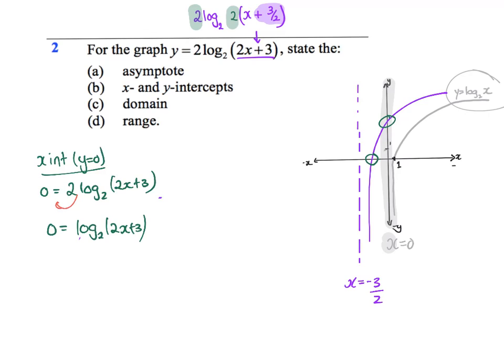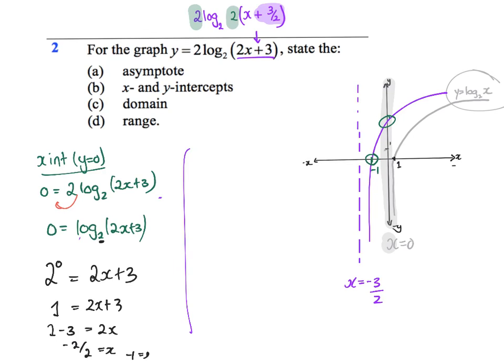When you say the base, 2 to the power of what it equals, 2x plus 3. Awesome. What's 2 to the power of 0? 1. 1 equals 2x plus 3. So bring the 3 over, it'd be 1 minus 3 equals 2x. So negative 2 over 2 equals x, which is negative 1. Okay, so you've got the x-intercept. Because there was a bit of dilation in there, yep.